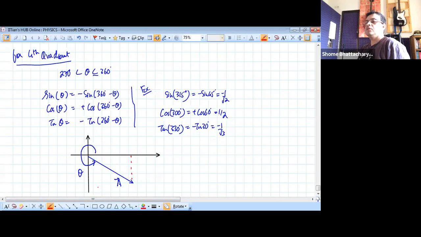Drop this perpendicular. You can see that if this angle is alpha, now the x component is positive, whereas the y component is negative.